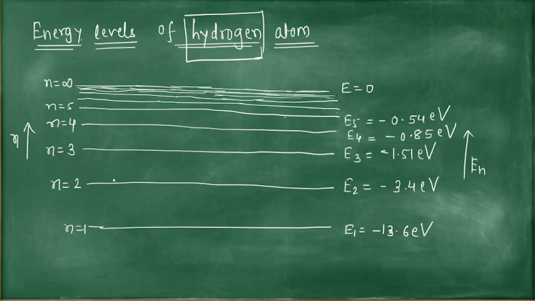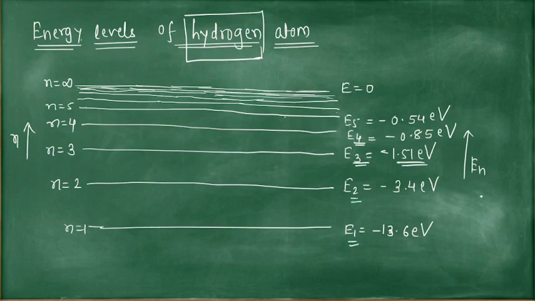Draw the lines one above the other, such that the space between the two lines goes on decreasing. These are the energy levels, because the energy difference is, first it is minus 13.6, then minus 3.4, then minus 1.51, then minus 0.85. How are these defined?